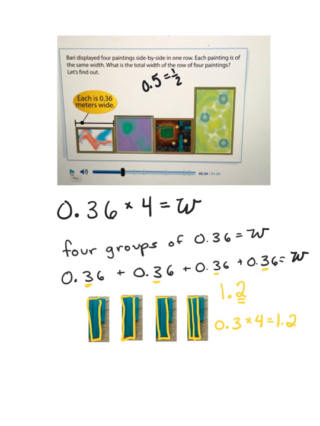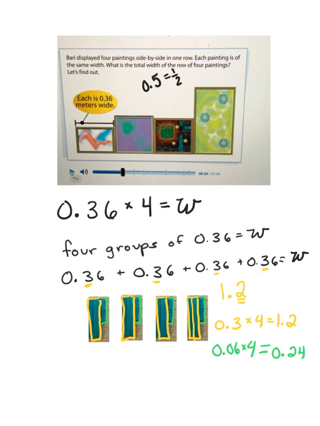Now let's look at our hundredths. So I've got 6/100, 12 hundredths, 18 hundredths, 24 hundredths, so 6 hundredths times 4 equals 24 hundredths.